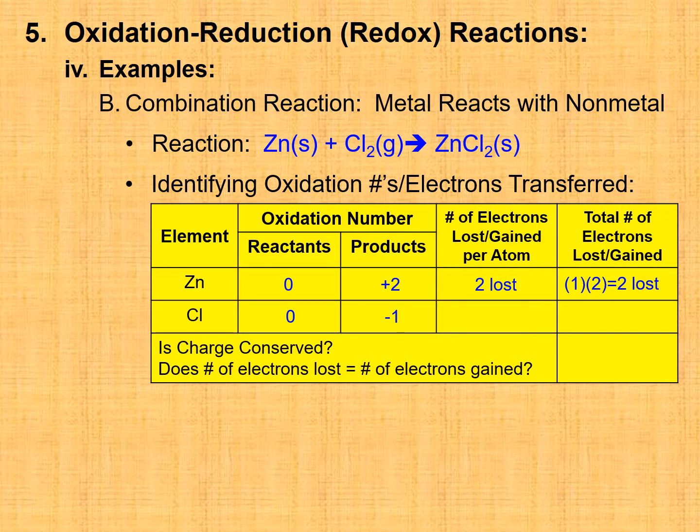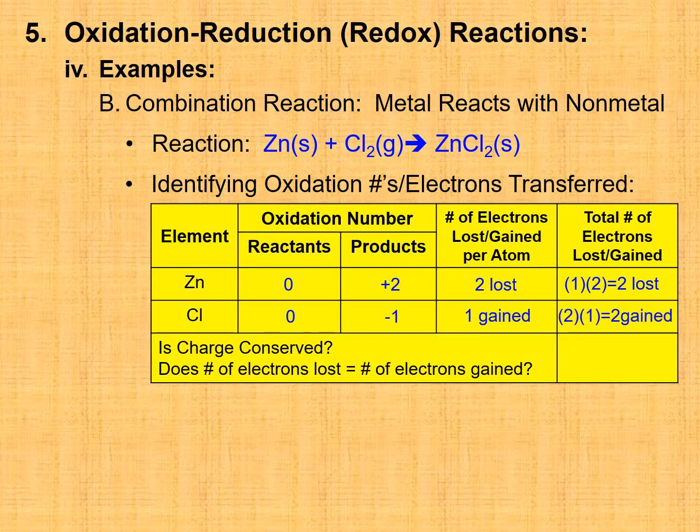Let's now turn our attention to the other element in the reaction, that is chlorine. Chlorine starts out as a pure element, so its oxidation state as a reactant is 0, as we've already stated. In order to combine with the zinc atom to form zinc chloride, the chlorine atom first gains 1 electron to form the chloride ion. Since there are 2 chlorine atoms involved in the reaction, the total number of electron gains is therefore 2.